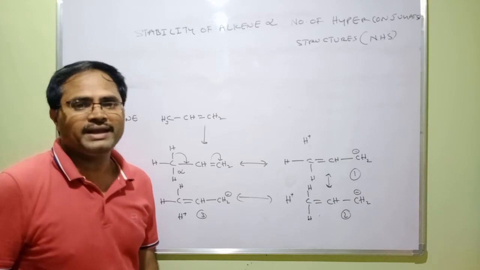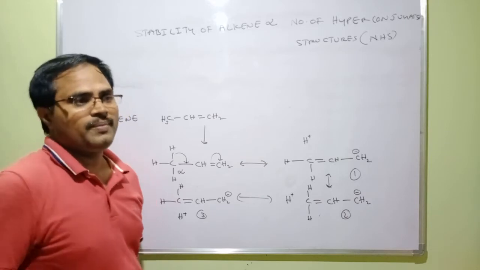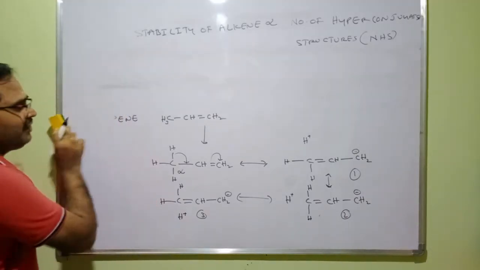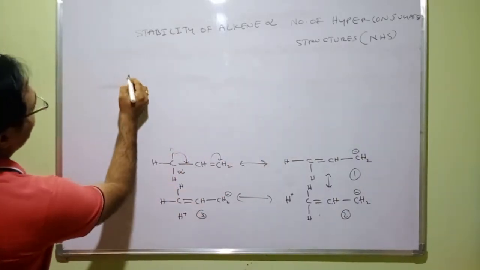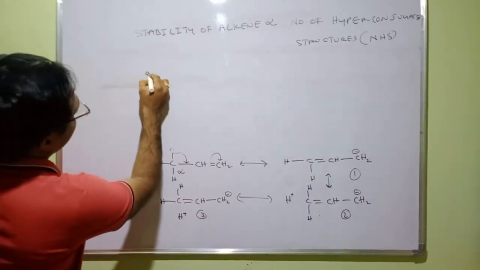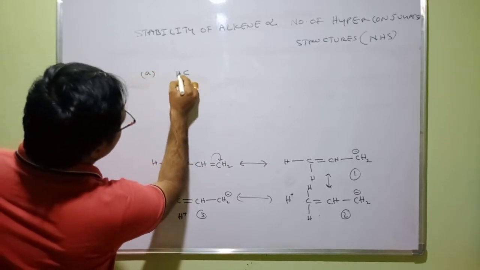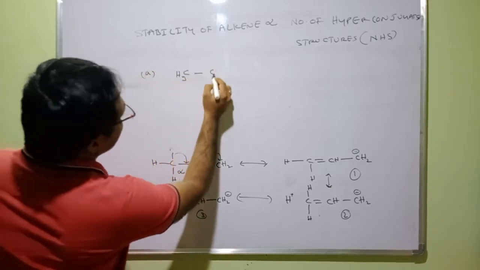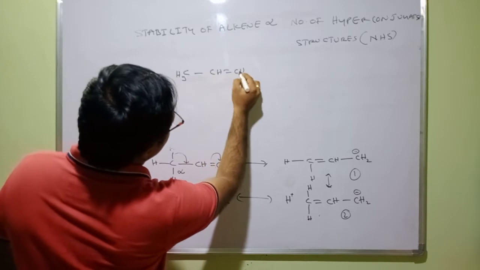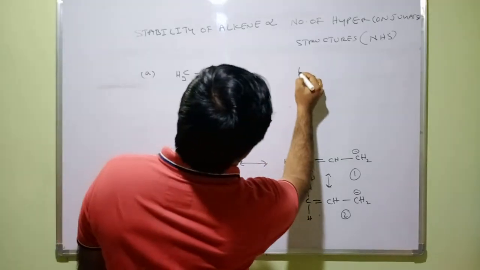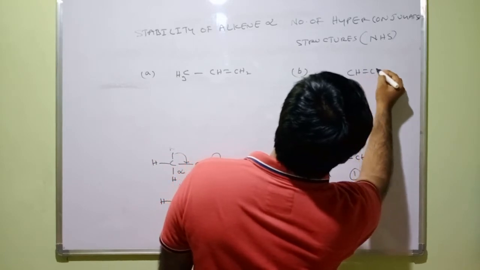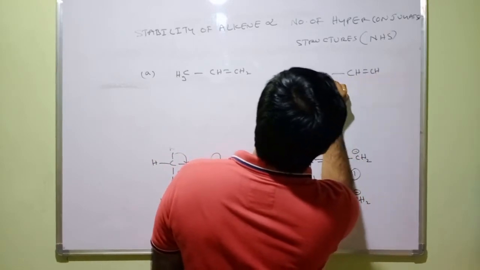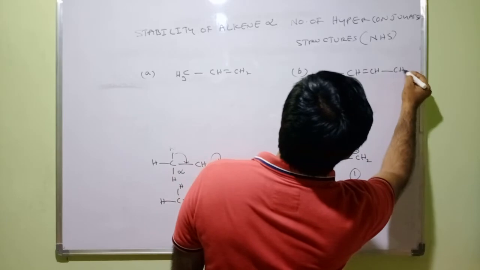Now I will give one example to solve. Let us see how the stability of alkenes varies. I will give option A: CH3 CH double bond CH2. Option B: CH double bond CH CH3 CH3.